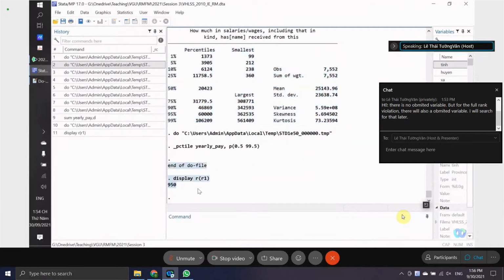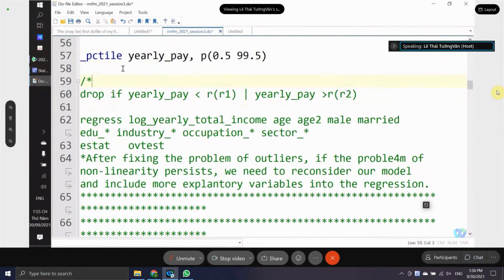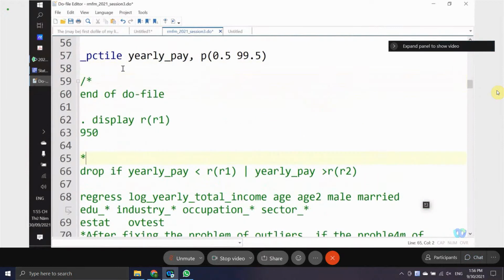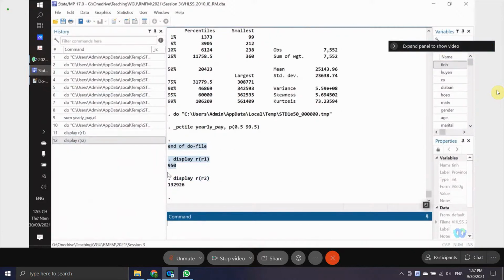So about 0.5% of the surveyed individuals have an income of 950,000 or less per year. That is a very small amount back in 2010. Or if you type display r(r2), this is what you would get.